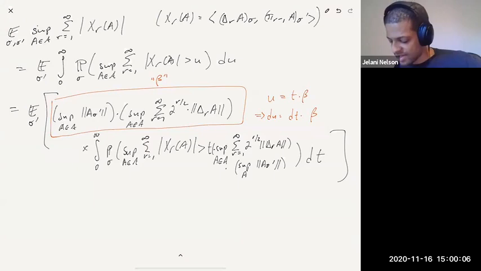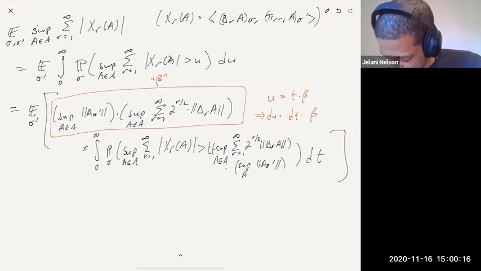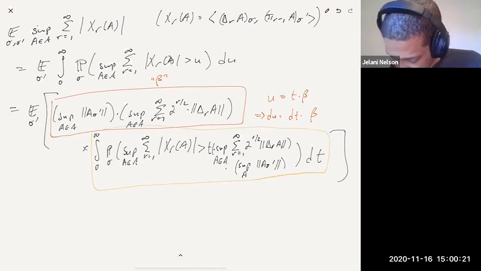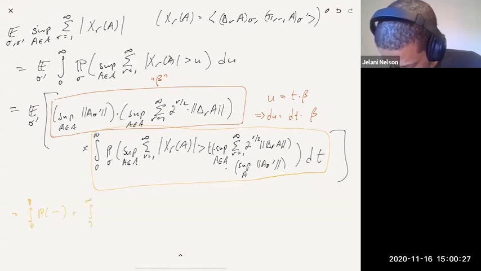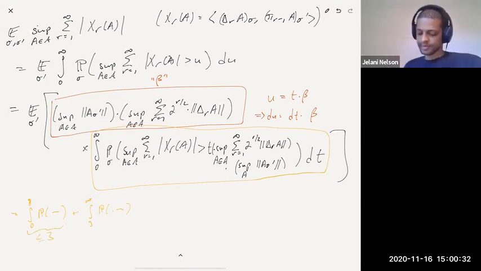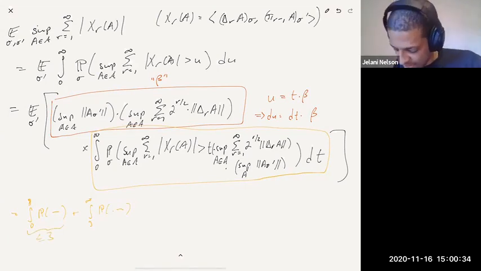So here's the idea now. We're going to end up using Khinchin's inequality and a giant union bound. So this integral, I can write as the integral from 0 to 3 of that probability plus the integral from 3 to infinity of that probability. This is at most 3. For the second part, I'm going to use the union bound.